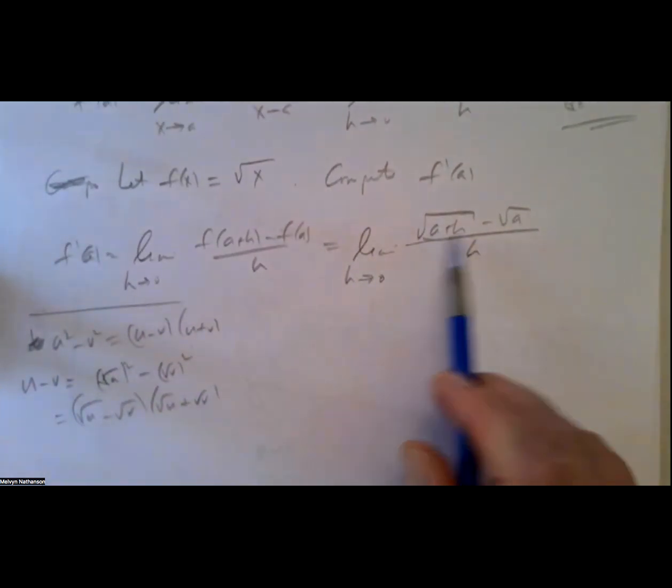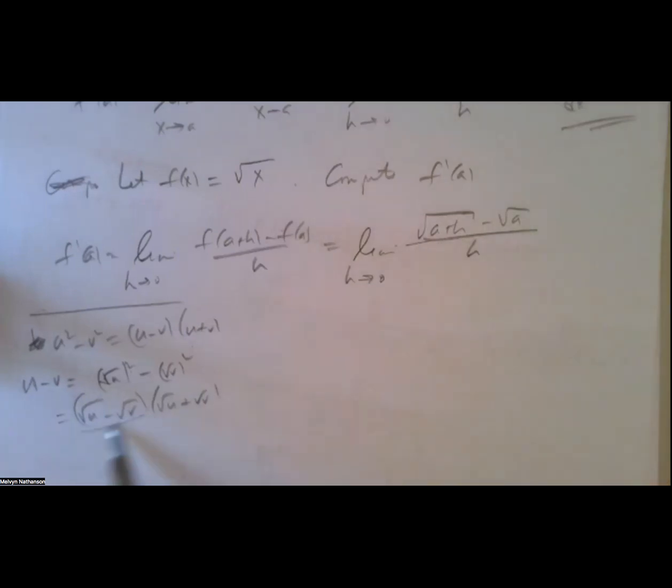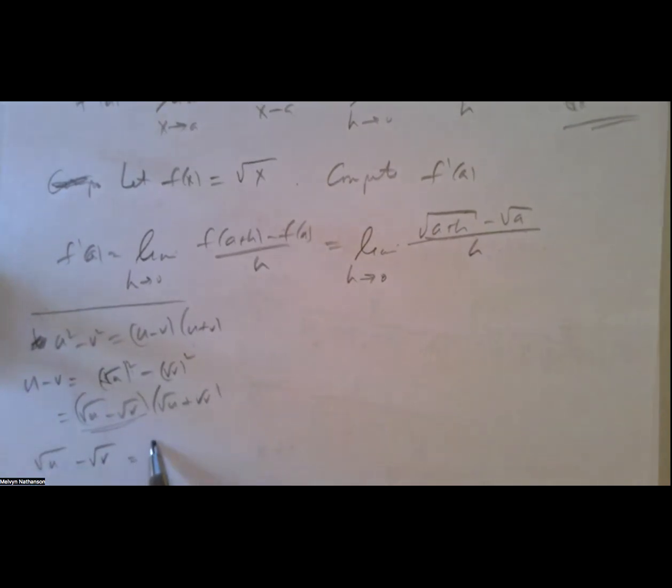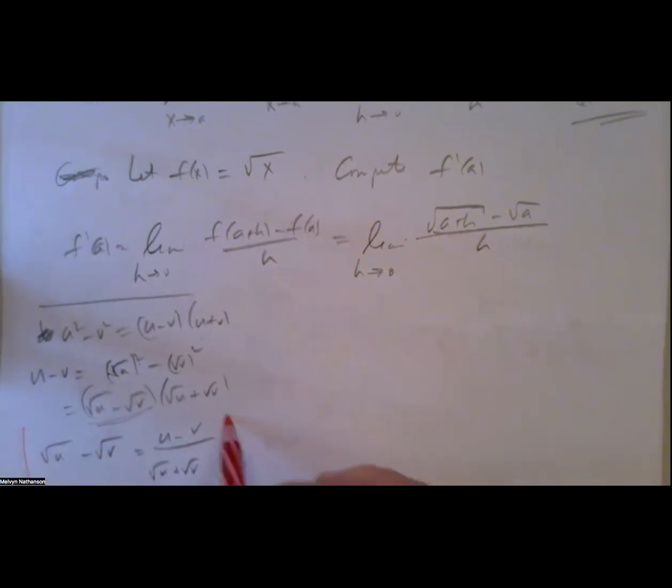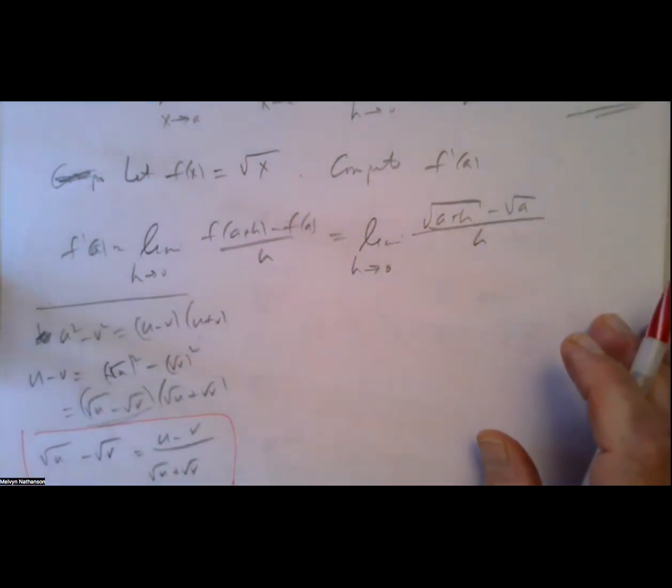And you see, here I have a difference of square roots. Here I have a difference of square roots. So I have this general formula that the square root of u minus the square root of v is u minus v over the square root of u plus the square root of v. So I have this purely algebraic identity for positive numbers.